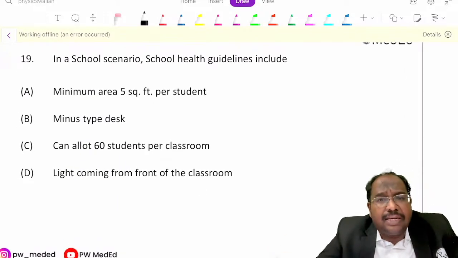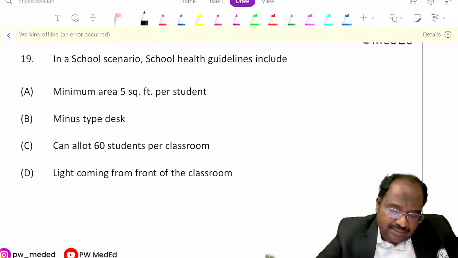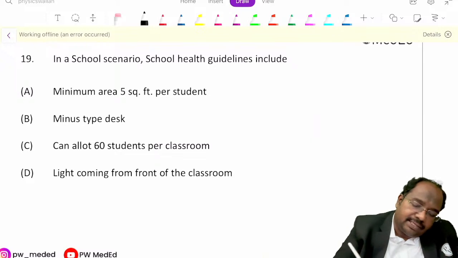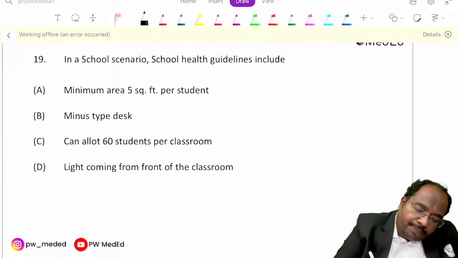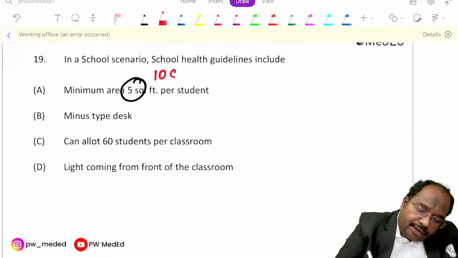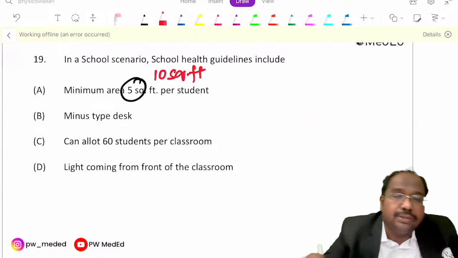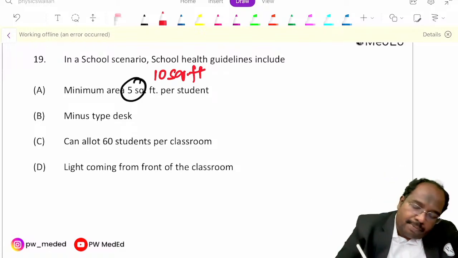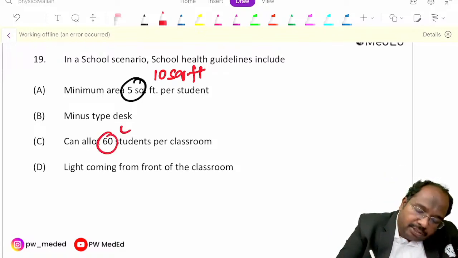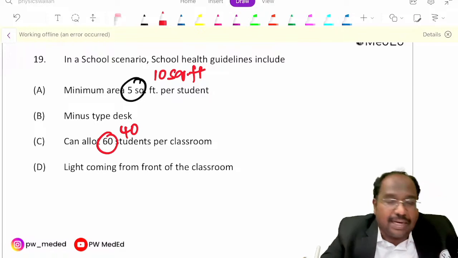In a school health scenario, what norms does the school health guideline say? The minimum space is 10 square feet per student, and a maximum of 40 students in a class, not more.